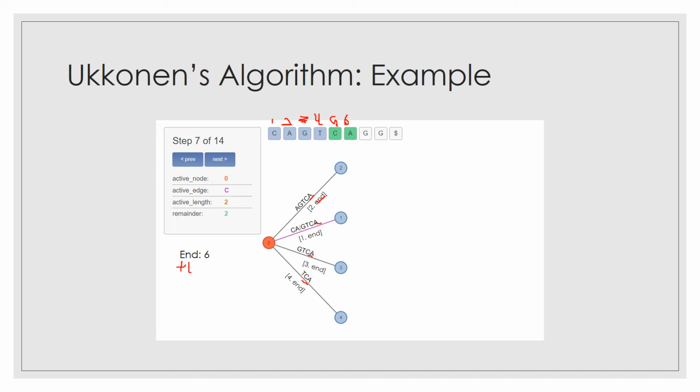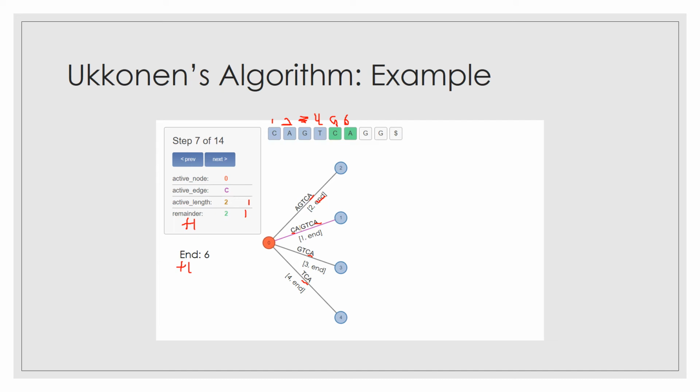Now we need to find out where A goes. Previously we were at 1 and 1, you remember? Well, we added 1 to the remainder because we're adding the A. So we were at this point right here, active edge C with a length of 1. Can A go in there?